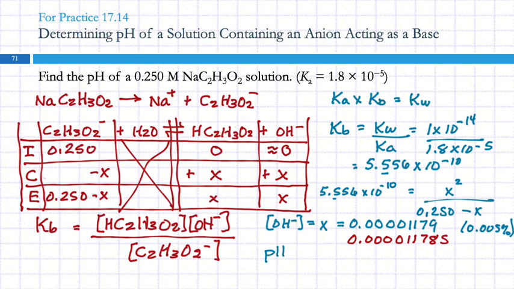I'm just going to shorten this. So pH is 14 minus the pOH, right? 14 minus the negative log of, I'm going to put that in scientific notation.